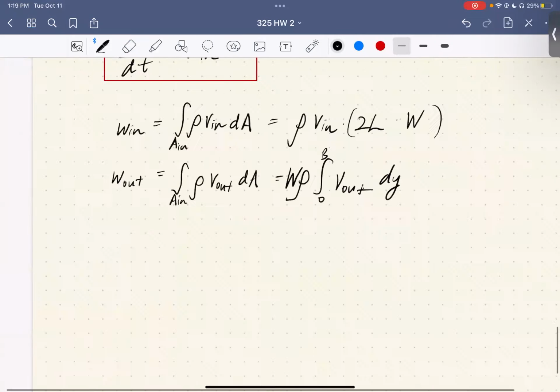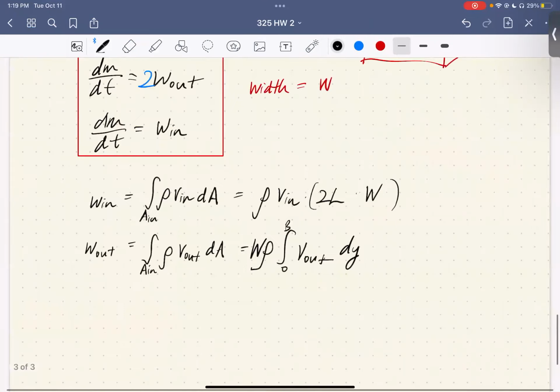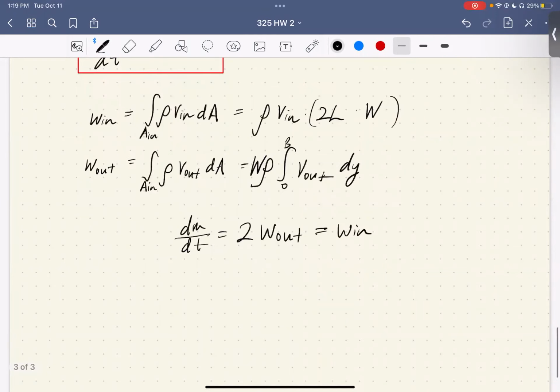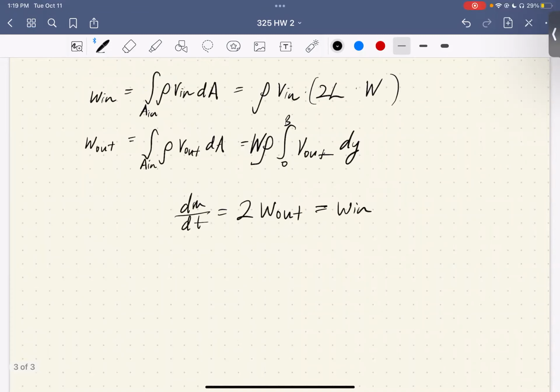Now what we're going to do is equate these two using our conservation of mass statements that we determined above. So we have dm/dt equals 2w out equals w in. That's great. We're going to use this in relating these two.